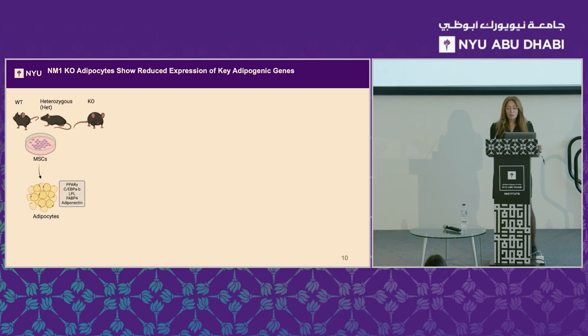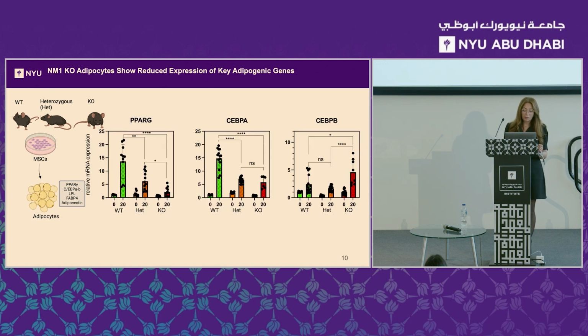Then we looked at some key regulators of adipogenesis. I'm sure all of you know about them, PPAR gamma and C/EBP alpha and beta. So here we have another animal model that is carrying one copy of NM1, and it's heterozygous.